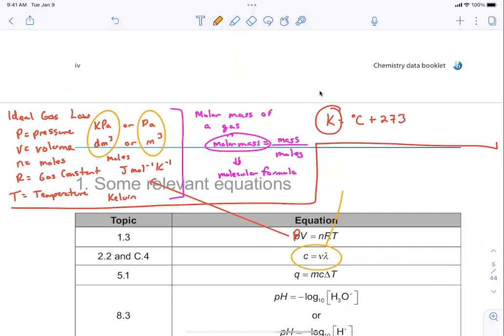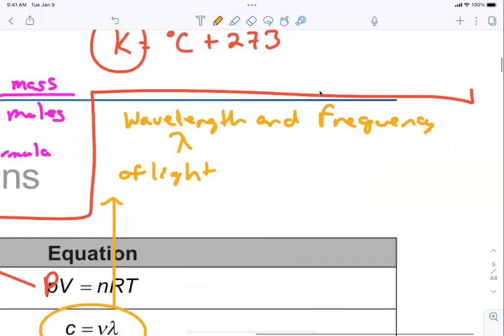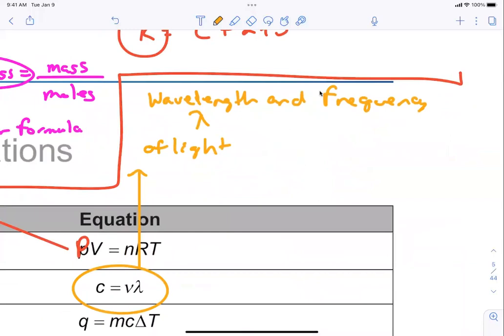This second equation is from topic 2.2, and that has to do with wavelength and frequency of light. So wavelength is written by this symbol lambda, and frequency is written by the Greek letter nu.